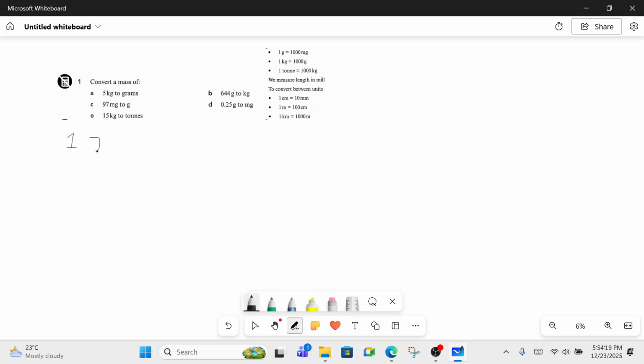So for 1B, convert 644 grams into kilograms. Okay.